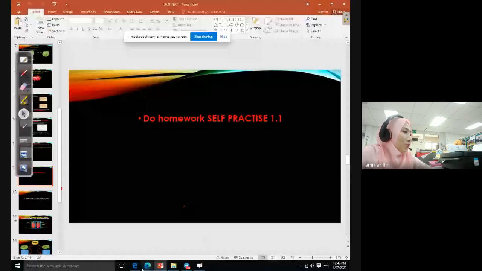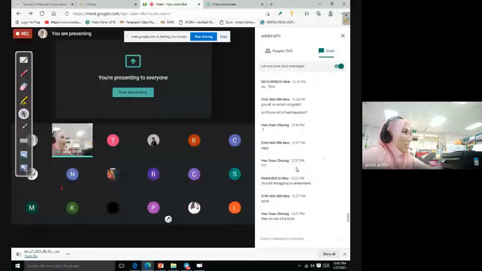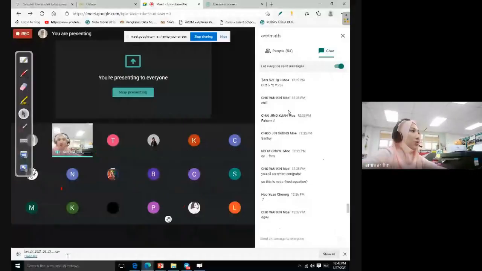Need time to process, then it's not a function. I'm a bit struggling. Oh, you are so smart. So it's not a fixed equation. Yes, itu bukan fixed equation. They depend on the diagram given. On the given diagram tu macam mana you nak form dia. Teacher delete that slide.